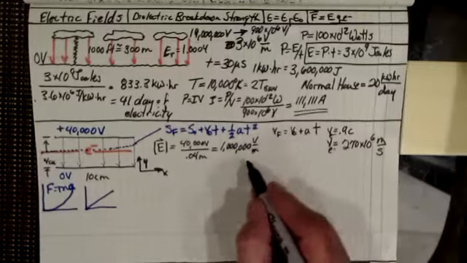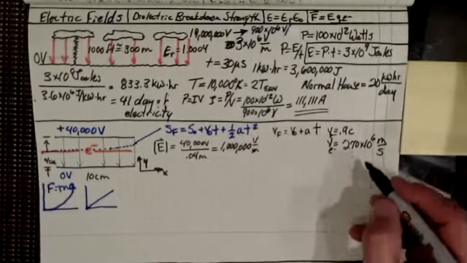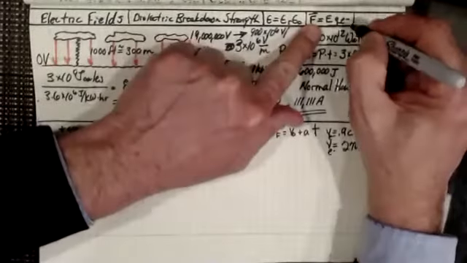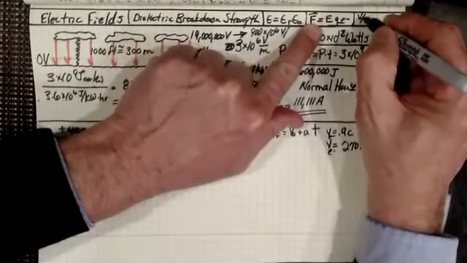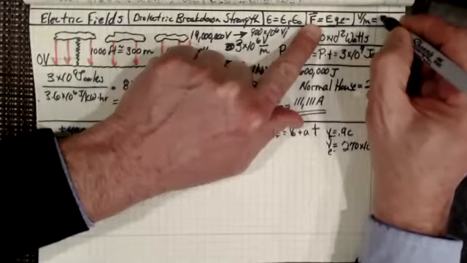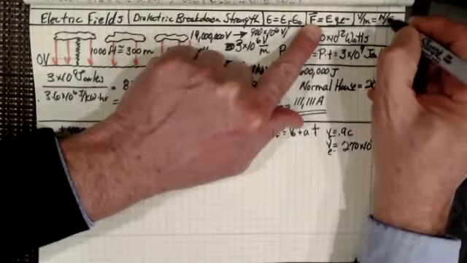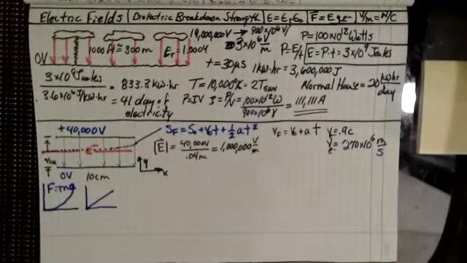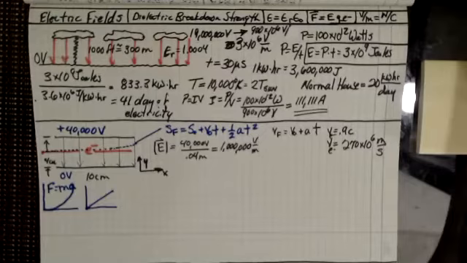Now, I say volts per meter, but volts per meter could be newtons per coulomb too, couldn't it? Let's never forget that. Why don't I write that up here? Volts per meter equals newtons per coulomb. I always think of electric fields as force fields for elementary particles.